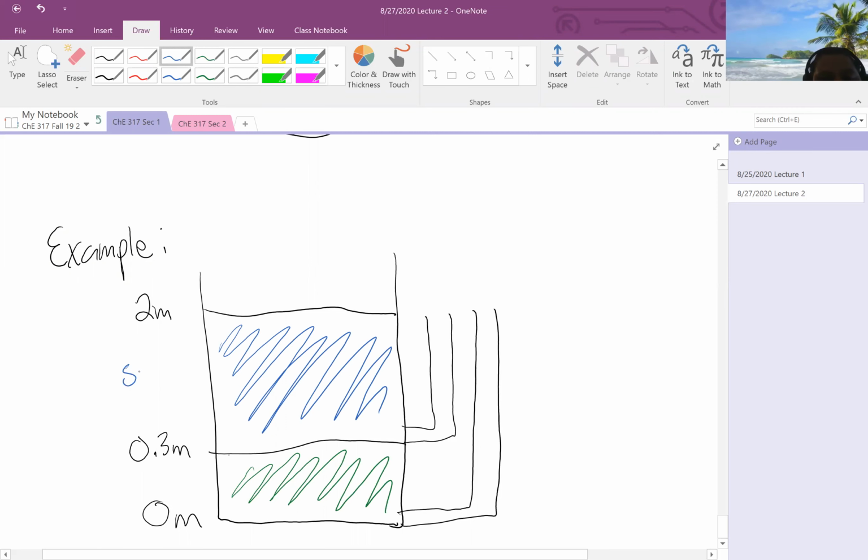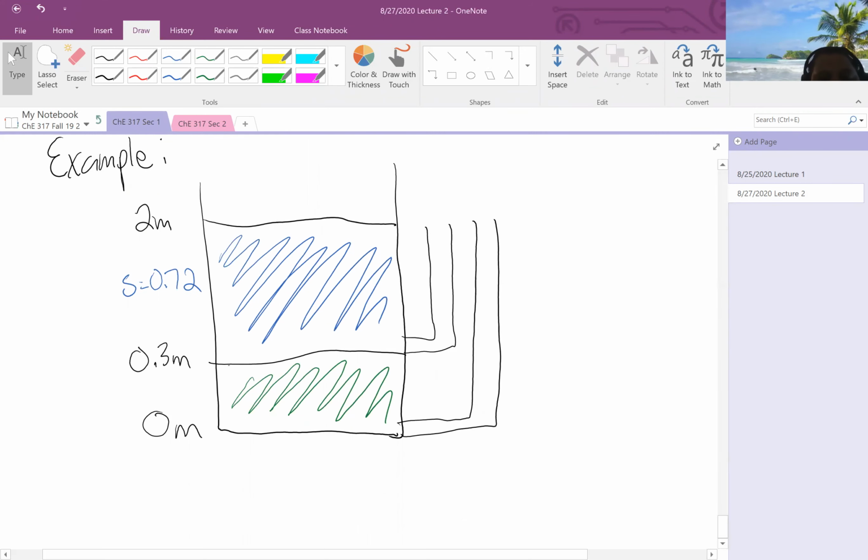And I'll say A has a specific gravity of 0.72, and B had the specific gravity of 2.36. So what we're looking for is this one went all the way to the top, this one not so much.